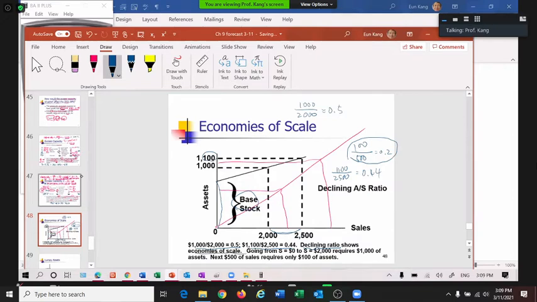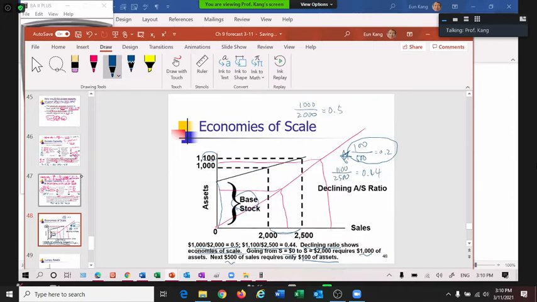You are getting big, then you have some kind of economy, right? Going from 0 to 2,000 requires $1,000 of assets. The next 500 of sales requires only 100 of assets, only 0.2 for that area. So that is economies of scale.